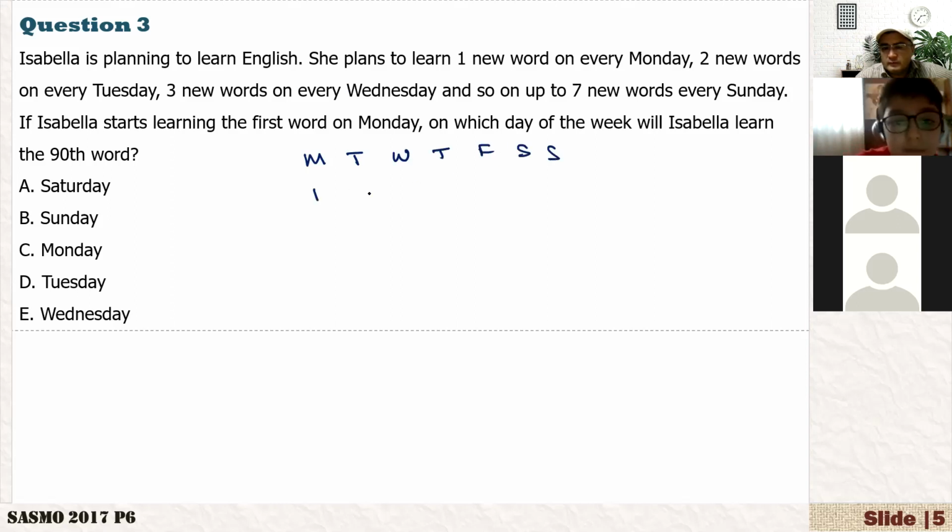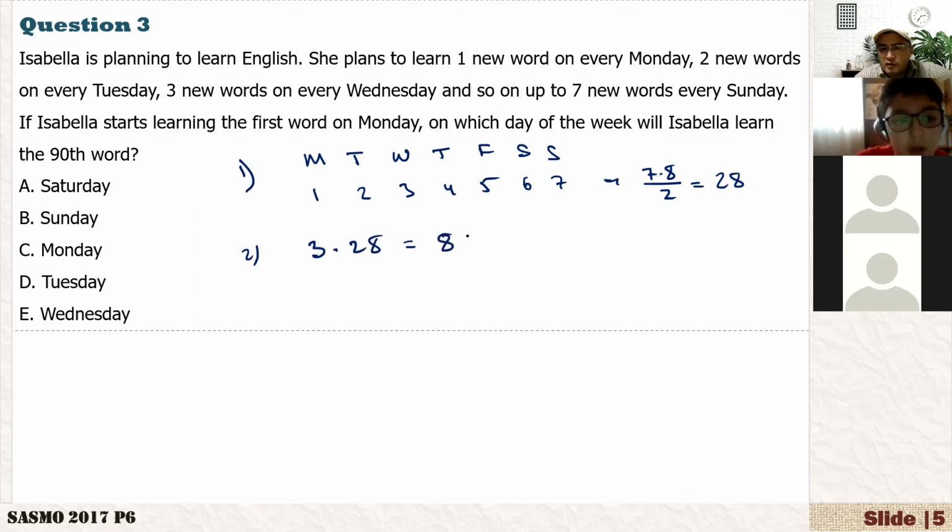And 90 divided by 28 is equal to 3 point something, so 3 weeks, 84 words. And 84 plus 1 is equal to 85, 85 plus 2 is equal to 87, and 87 plus 3 is equal to 90. So the answer is Wednesday.